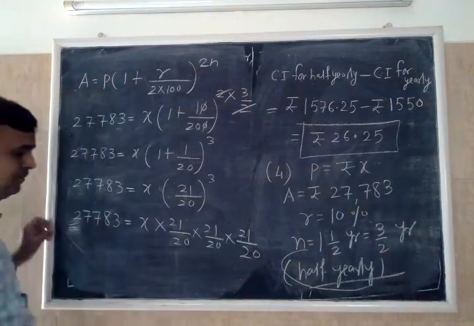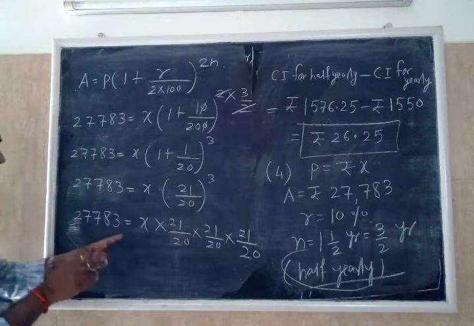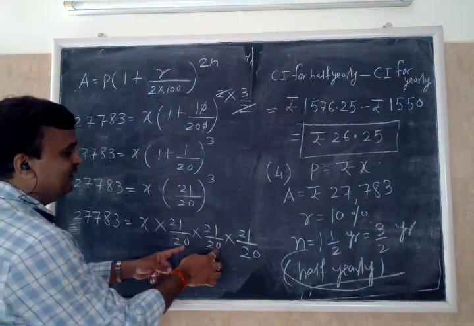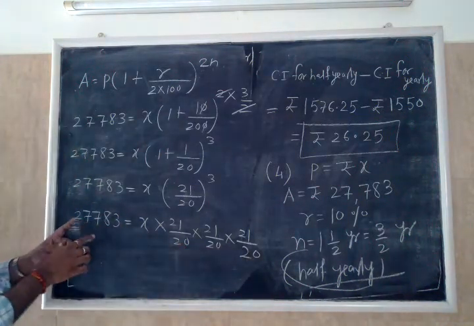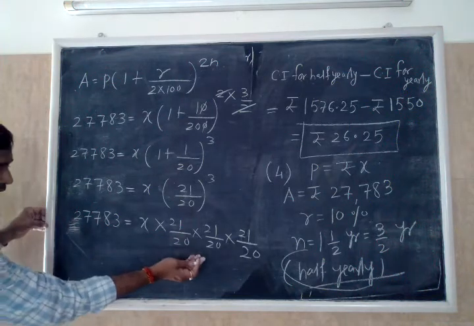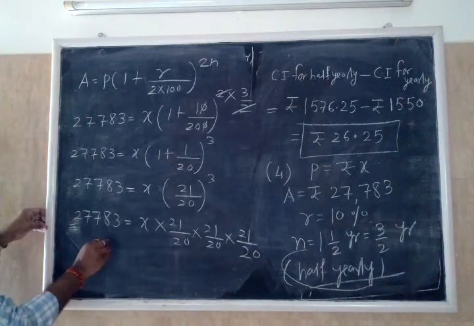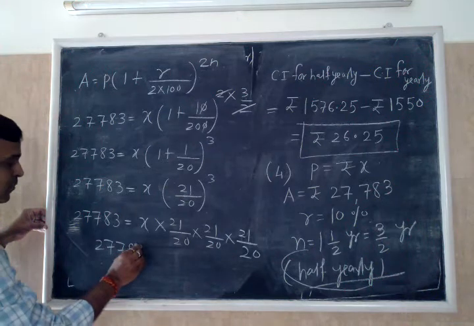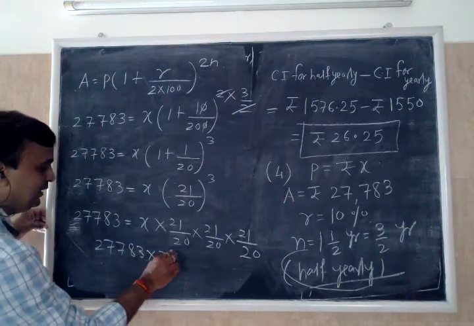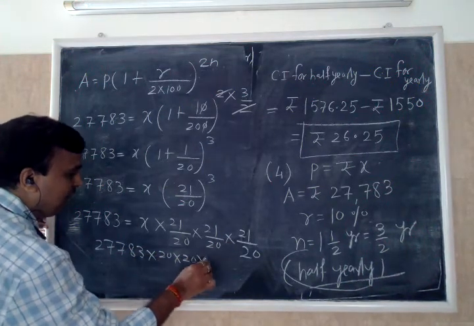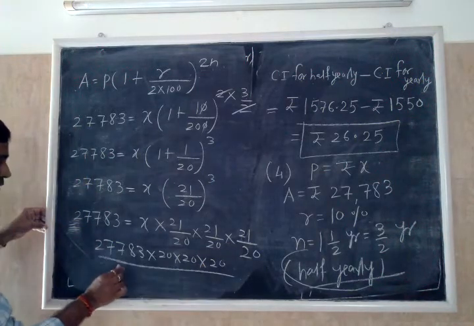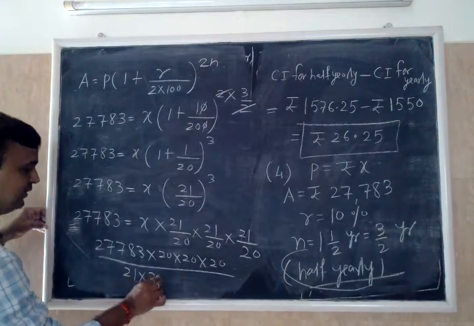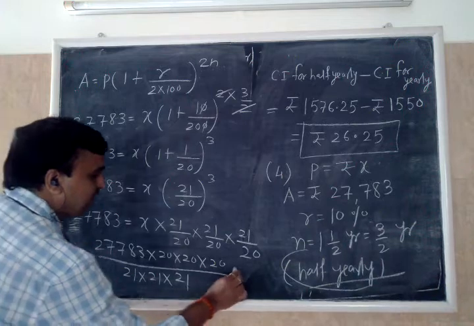Now my dear, see here. You cannot cancel the zeros with this. So this will get multiplied. So 27783 into 20 into 20 into 20 upon 21 into 21 into 21 is equal to x.